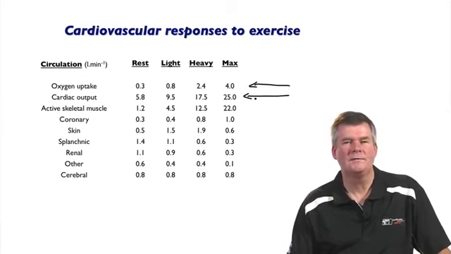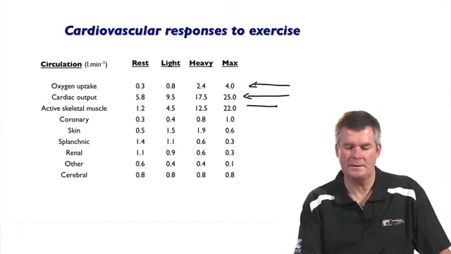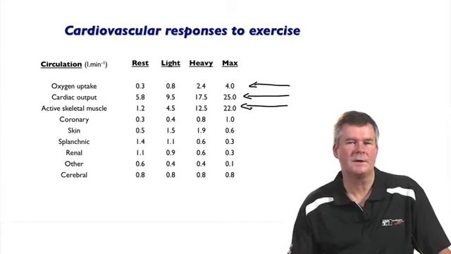And roughly for each litre of increase in oxygen, there's about a 5 to 6 litre increase in cardiac output. There's a very large increase in muscle blood flow, and the active skeletal muscles, you can see at maximal exercise, are getting close to 90% of the available cardiac output.